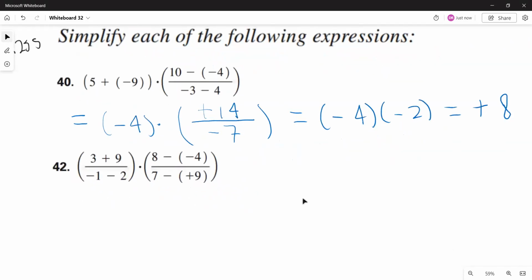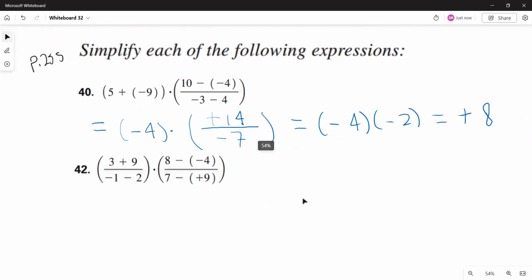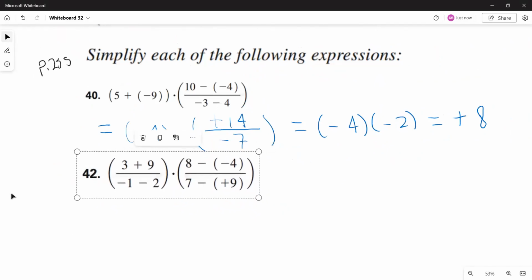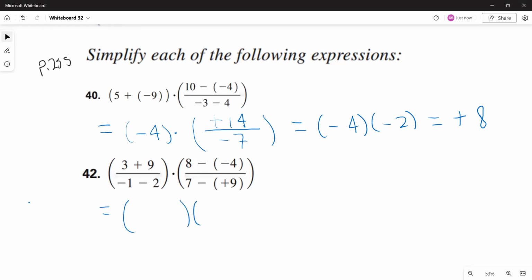Order of operations, we first simplify the parentheses and then multiplication and division, and finally addition and subtraction. Okay, in this parenthesis, we have first 3 plus 9. And we have -1 minus 2. Next, we have 8 minus -4. And 7 minus positive 9.